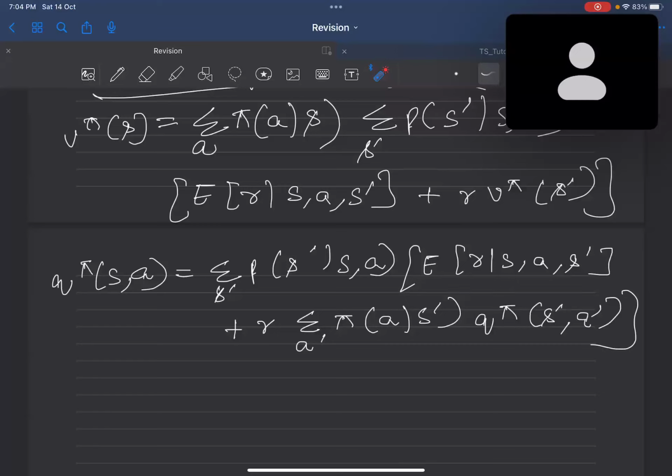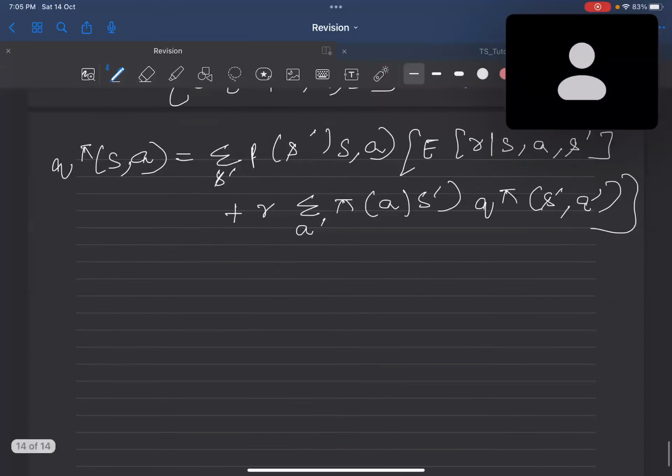Madam, the bottom expression, gamma sigma a dash pi, the whole thing becomes gamma into V pi of S dash, correct? Yes, it is V pi of S dash. So that is a beautiful equation which connects V pi and Q pi.